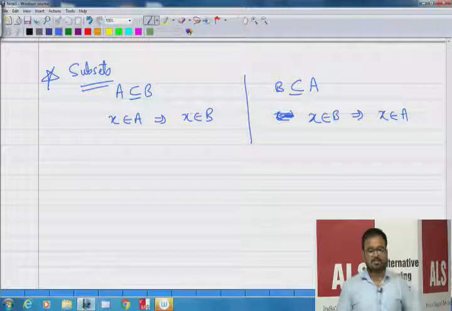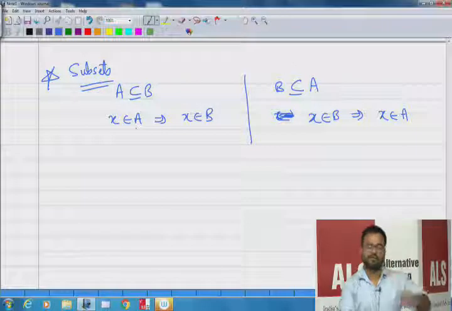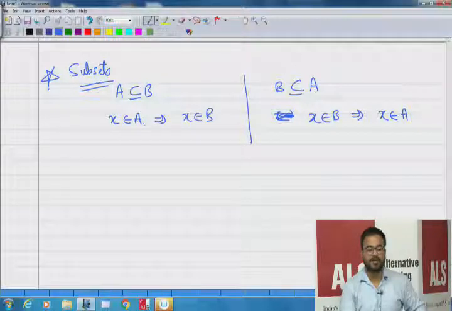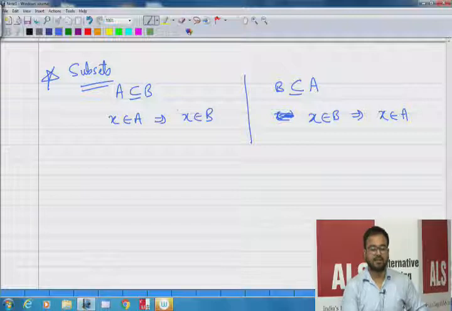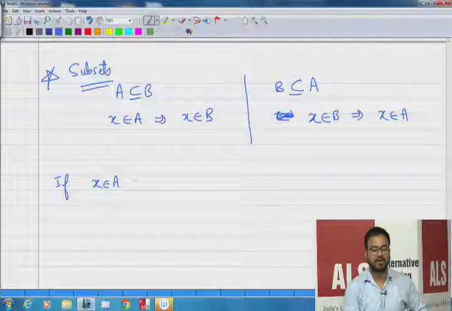So using these two statements, if X is an element of A implies X is an element of B, then we will say A is a subset of B.